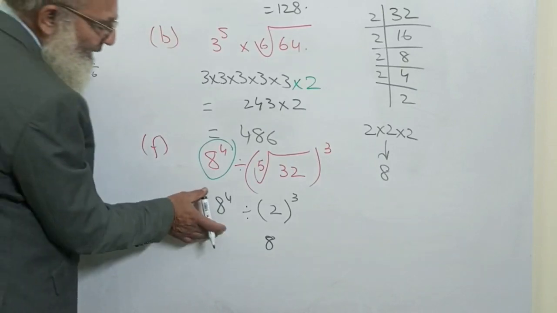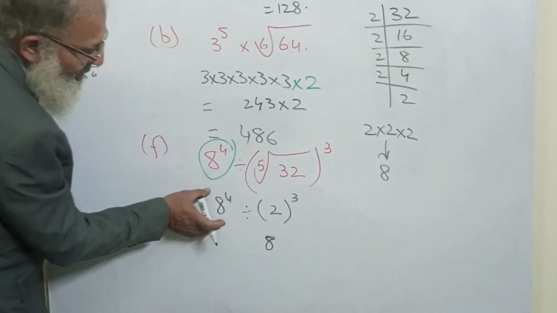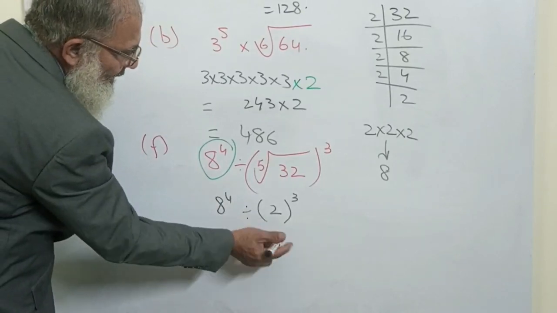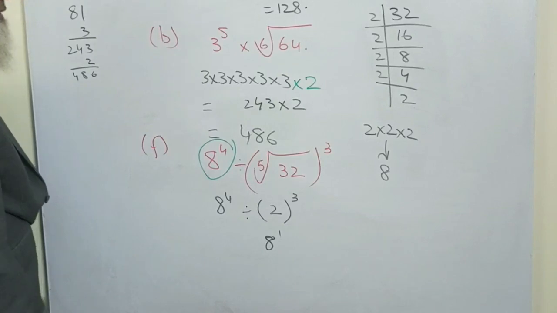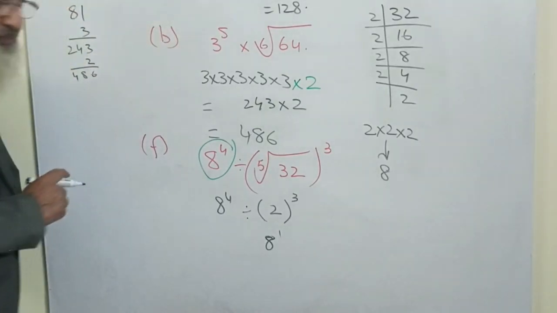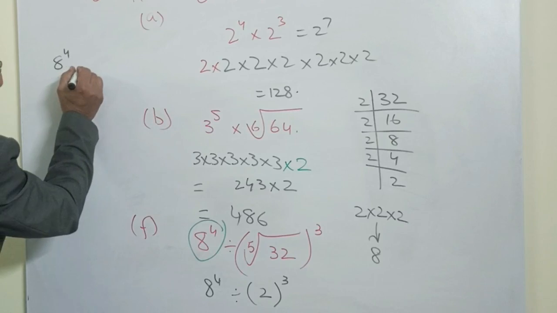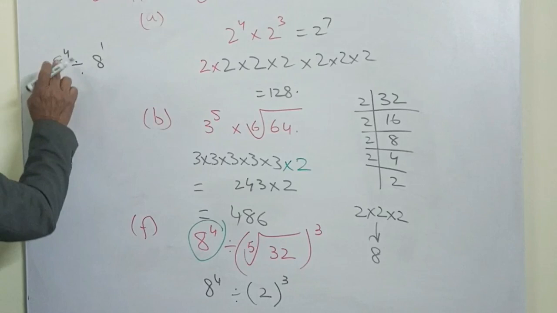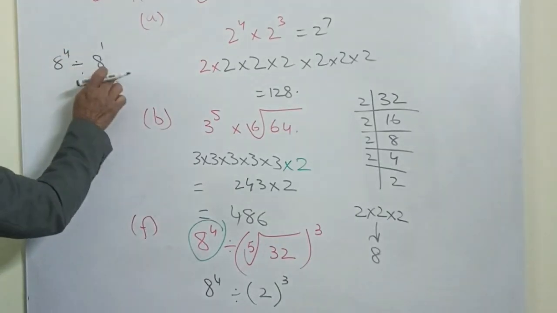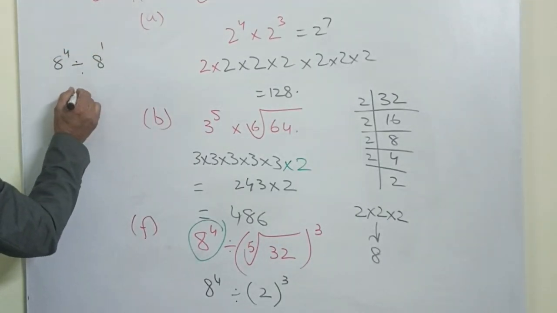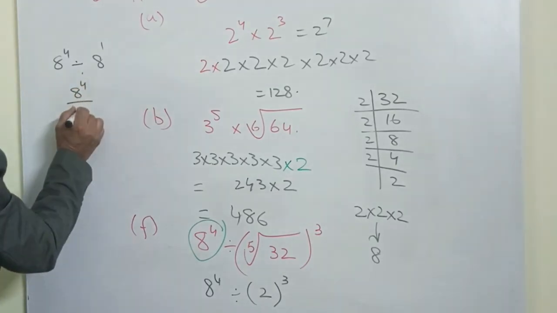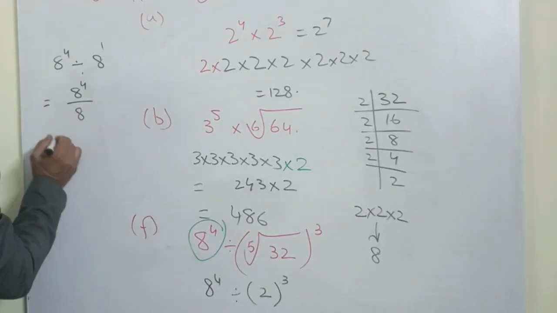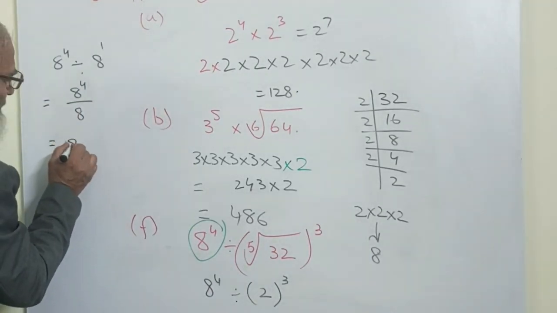So the next step is very interesting. Now this is 8 raised to power 4, and this is 8 raised to power 1, and it is being divided. Let me do it over here. This was the last step. 8 raised to power 4 and 8 raised to power 1. And if I write it like this, it is also valid.